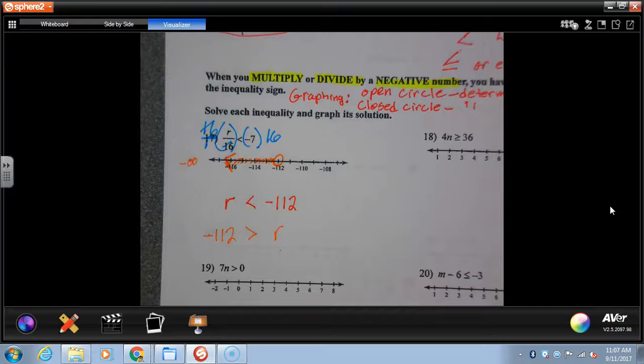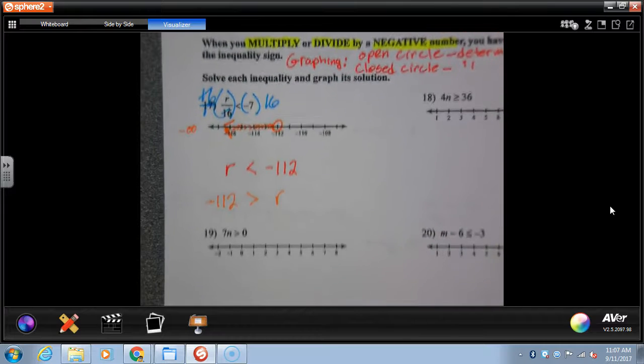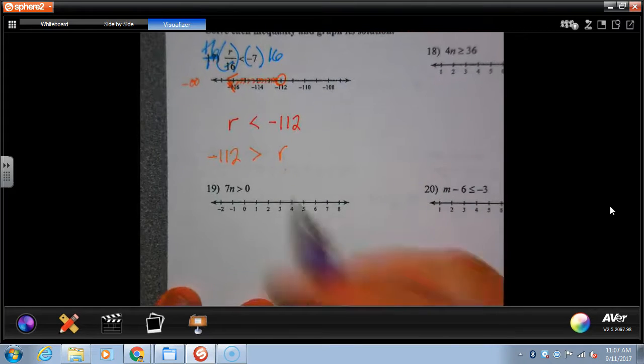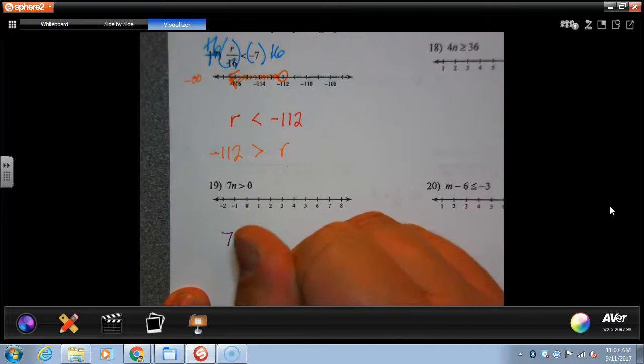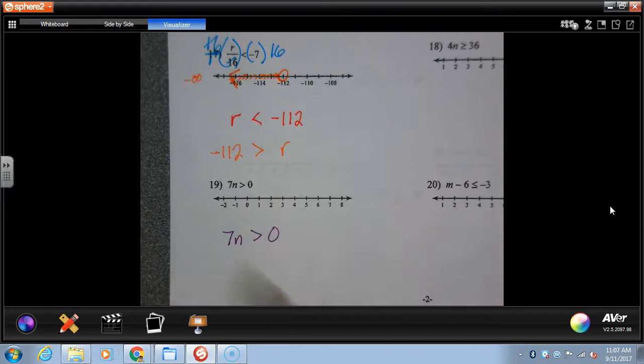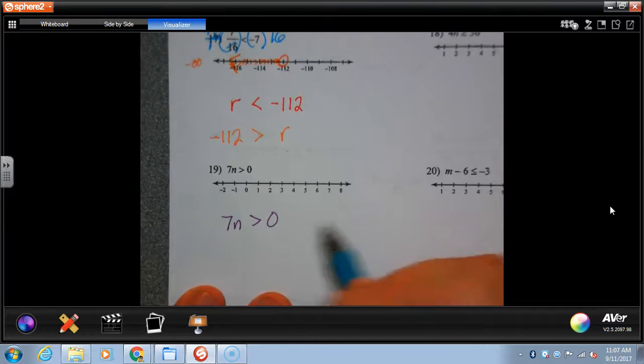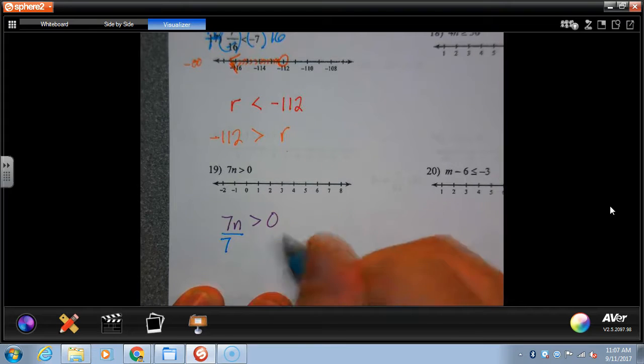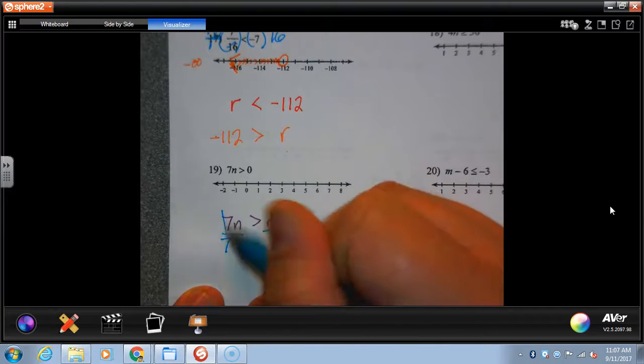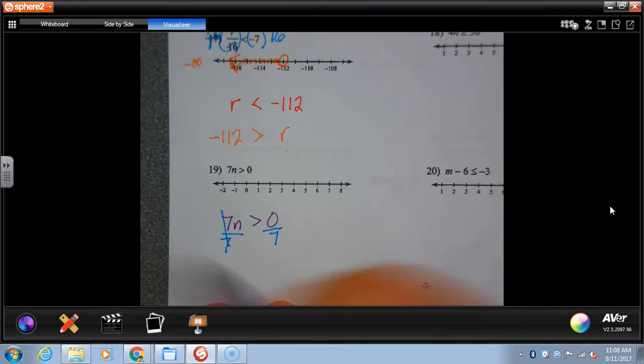All right, number 19. I have multiplication between the 7 and the n, so I'm going to divide each side by 7. I get n on this side.